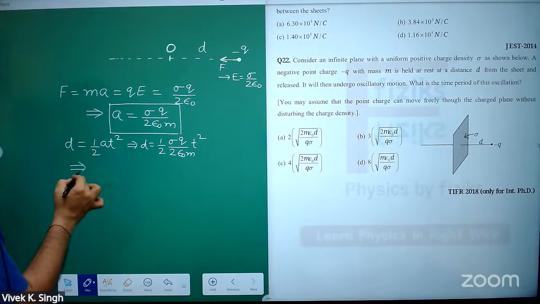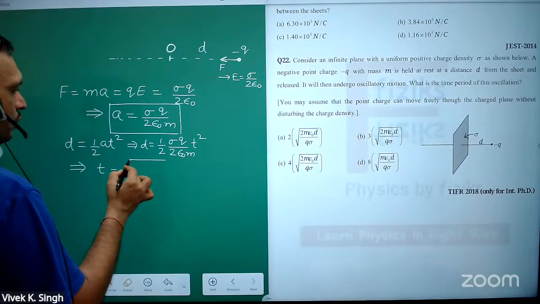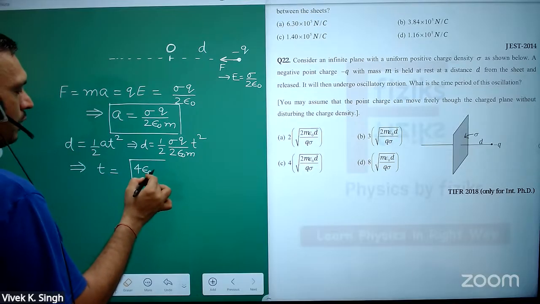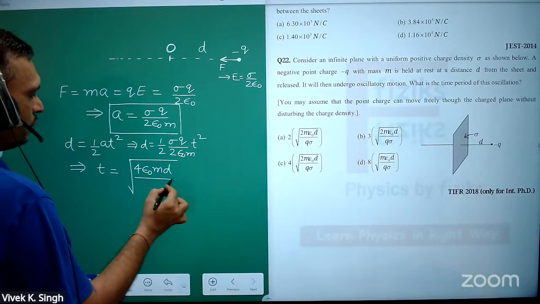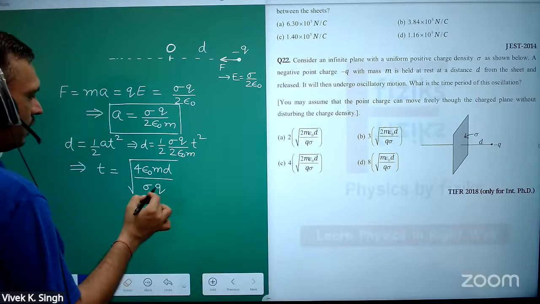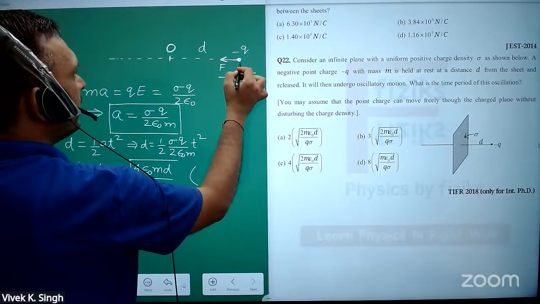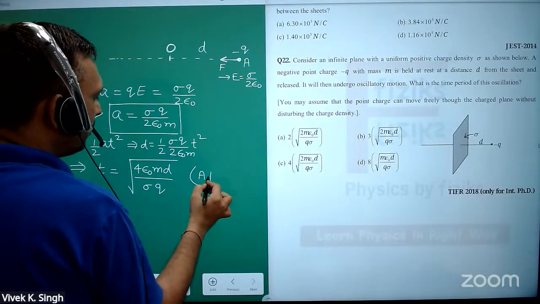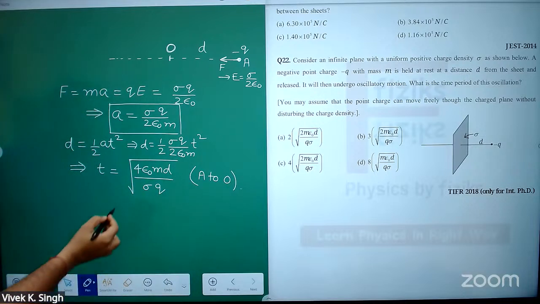So what will be t here? t is given by under root 4 epsilon naught m d by sigma q. This is the time taken. Let's say this point is A. From A to O, it will take this much time.